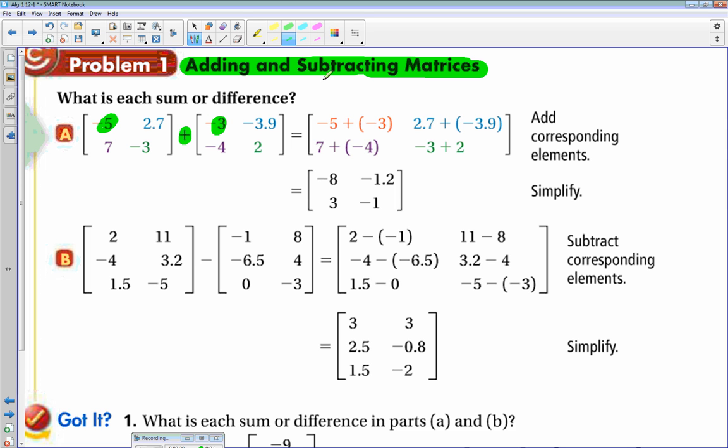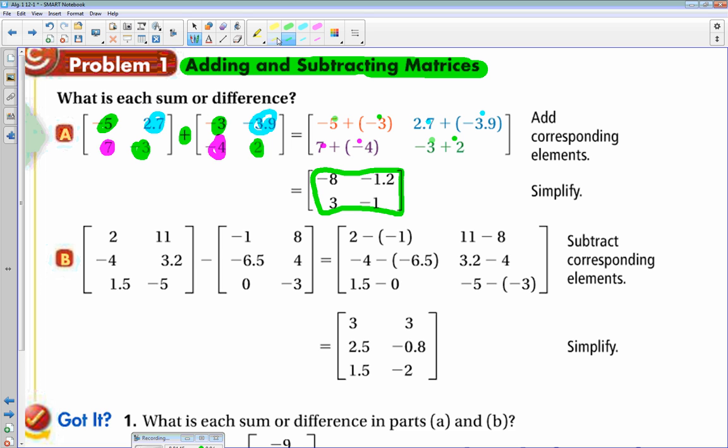So in this case it would be negative 5 plus negative 3. And then you got 2.7 plus negative 3.9. And then we have 7 plus negative 4. And then we have negative 3 plus 2. And then the resulting matrix is what you get when you do those additions.